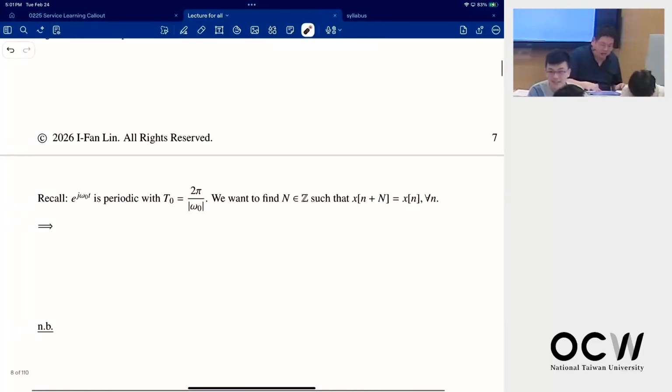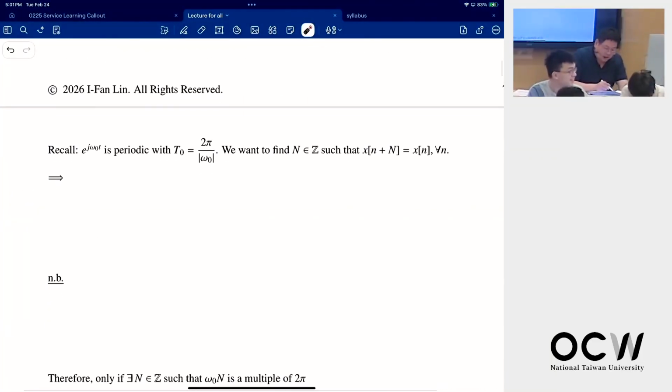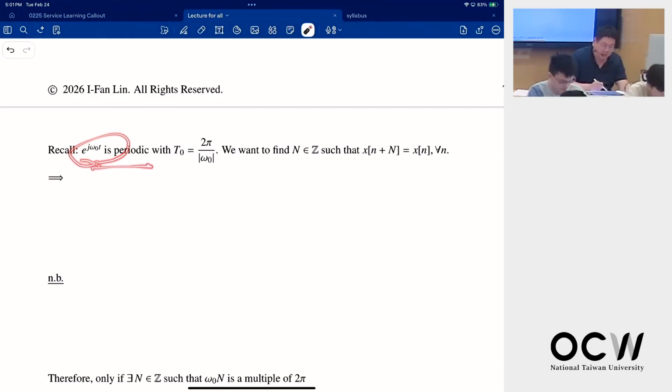So let's see. We know that e to the j omega naught t is periodic, and the fundamental period is 2 pi over the magnitude of omega naught. Now, considering the discrete time case, we want to find the capital N, an integer, such that this equation holds.